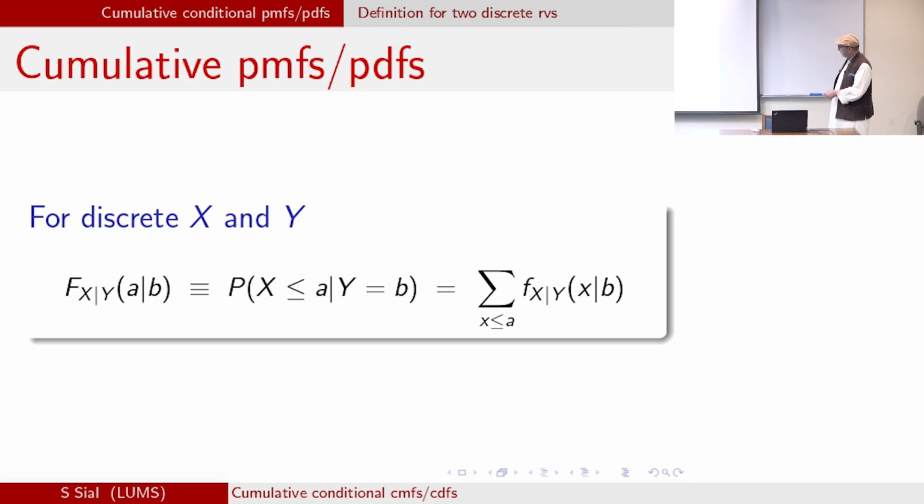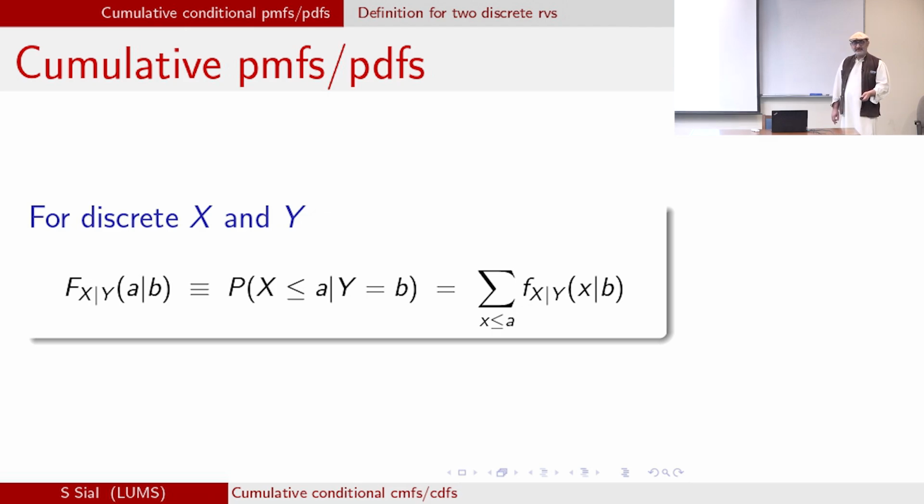Okay, so if you already have the conditional PMF for x and y, this here is the probability that x is taking the value small x given that y is taking the value small b. You sum all of those possible x's which are less than or equal to a, and then that is the cumulative conditional mass function.